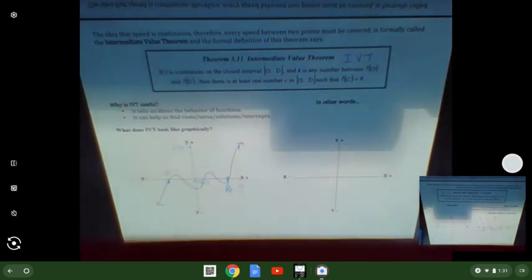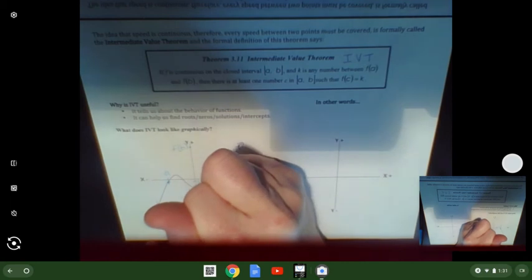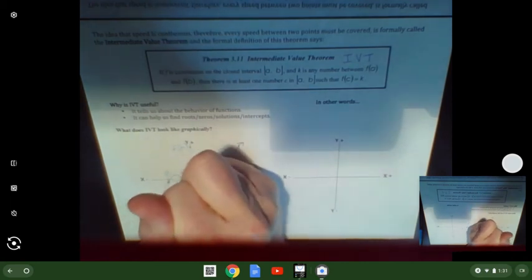There has to be another x value, C, between A and B, whose y value is also between the two y values that correspond with A and B. It's really what it says. So in other words, if a function is continuous from one end to another, you can guarantee that at some point it has to pass every other number in between those two endpoints.